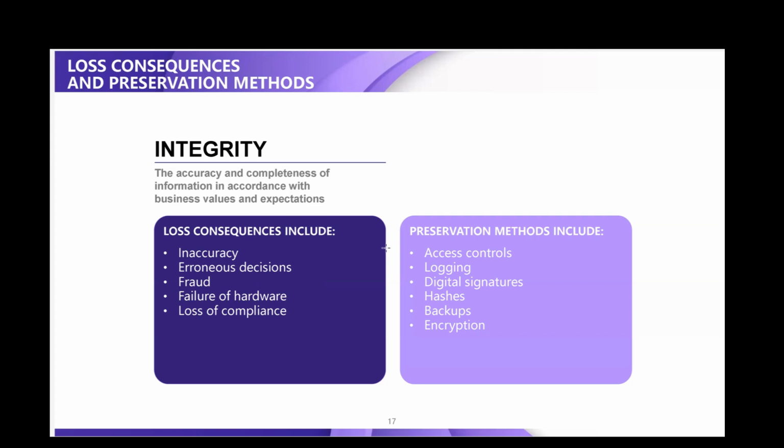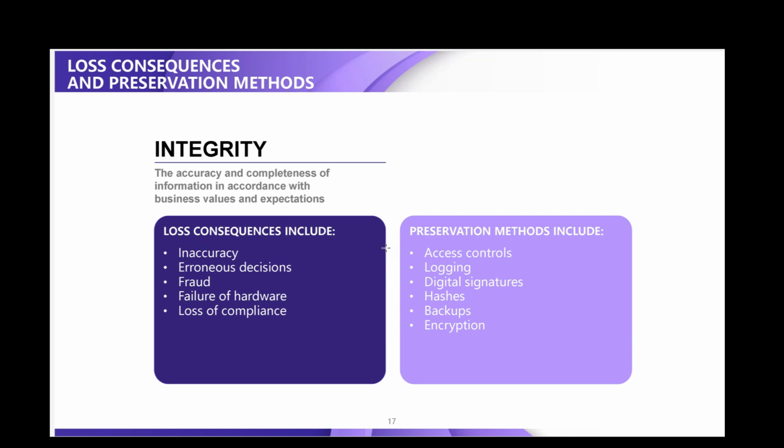The consequences can result in inaccuracy of your data and information. They can also lead to erroneous decisions, because you use data a lot for decision making. If the integrity of the data has been tampered with and that is not known, anybody leveraging that data is making an erroneous decision.